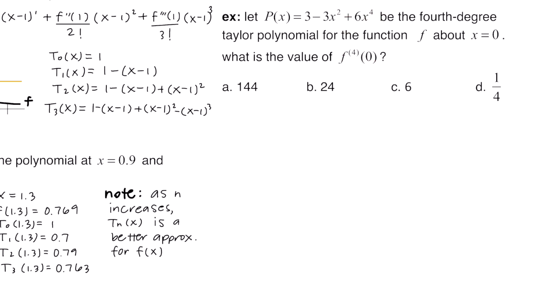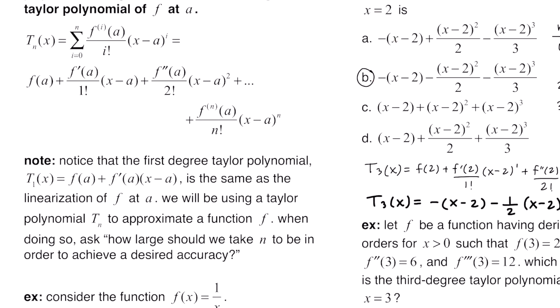So I want to look back at the Taylor polynomial formula, and let's look at this term right here. It says f second derivative of a over 2 factorial, and then it's times x minus a to the 2. So the important thing that's happening here is when we have a term that has x to the second power, the coefficient is the second derivative of f at a divided by 2 factorial.